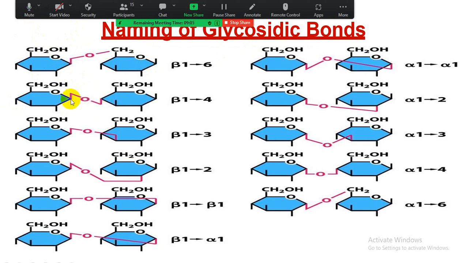What we are using as a reference point is the anomeric carbon, or carbon 1. Do you understand? Yes, sir. So this beta is in reference to carbon 1 and not carbon 4. So we don't care what happens to carbon 4.